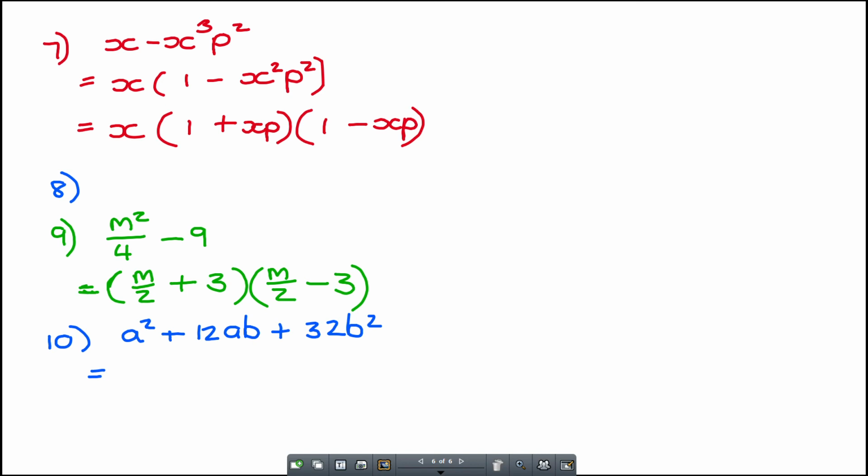Is there a common factor? No. I've got A, no A. No. B, no B. Okay, so I couldn't do anything there. It is able to factorize, but not for you guys yet. Okay. And that was the end of that page.